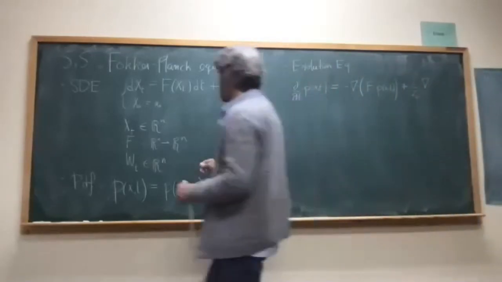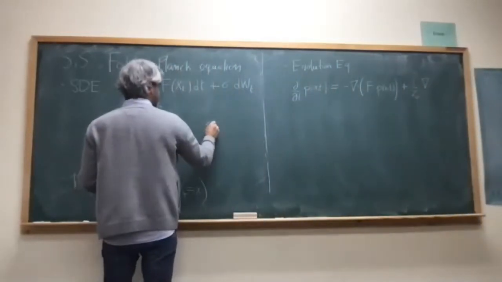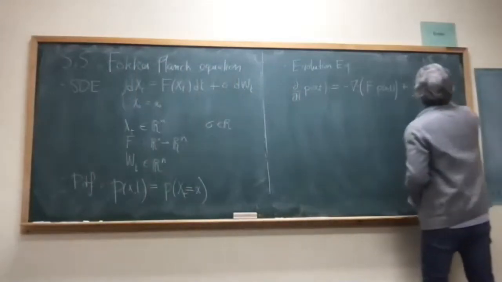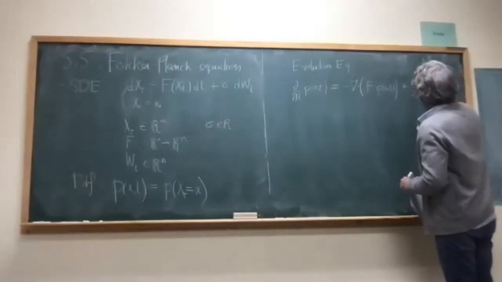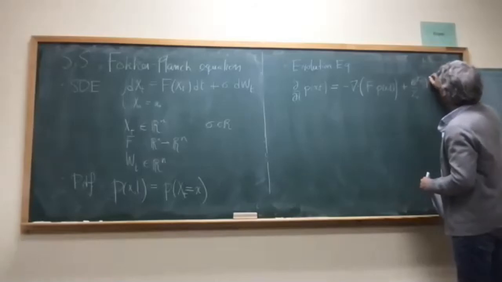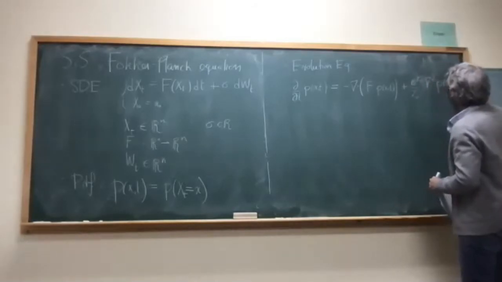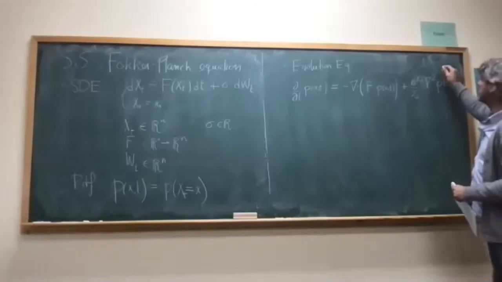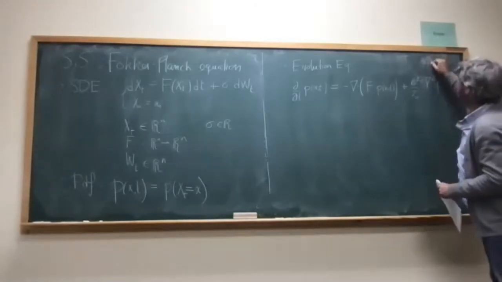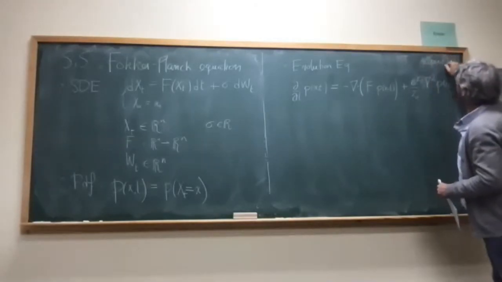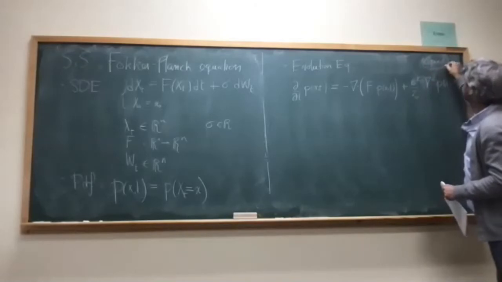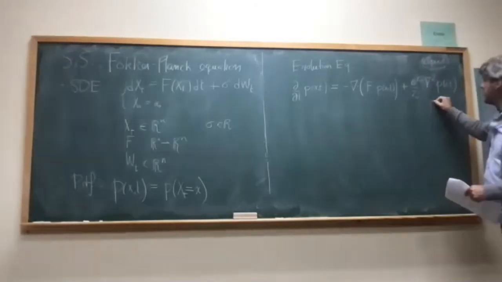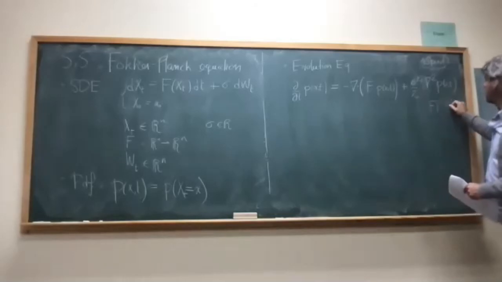Here I'm going to simplify things a bit. Sigma is just a real parameter. So then I'm going to have here sigma squared, and here I have the Laplacian of p(x). I could write the Laplacian in another form if you want, but this is the same. That's the Fokker-Planck equation, FP equation.